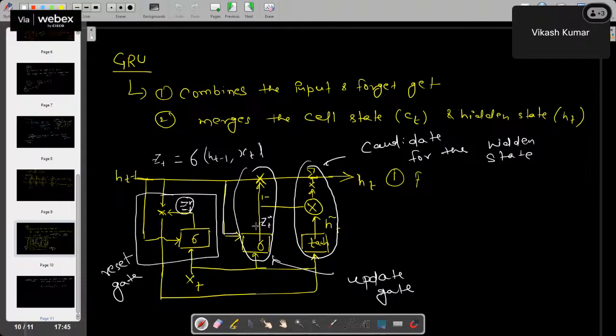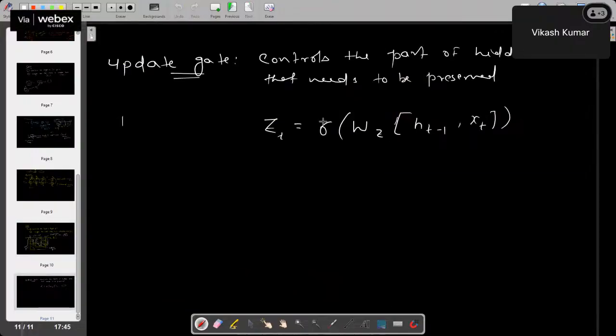So if you parameterize this one, you can parameterize this whole as Wz. Okay, and accordingly you can distribute the weight vector on each of the input and output sides. Here you can assign one weight, here you can assign one weight, and here also you can assign a weight. So the update gate is nothing but this value. Okay, the update gate will give us this value, and this value is going to be contributed to the hidden state information.